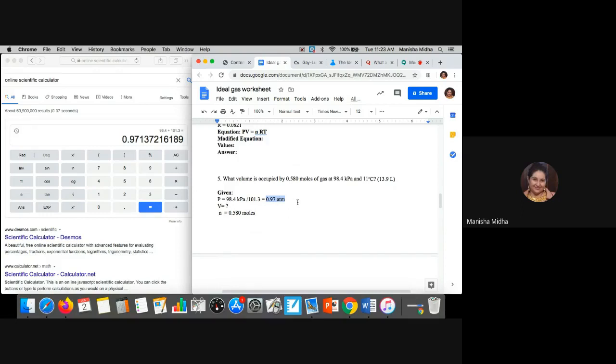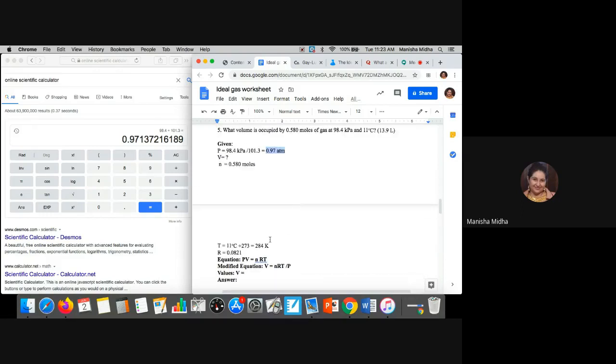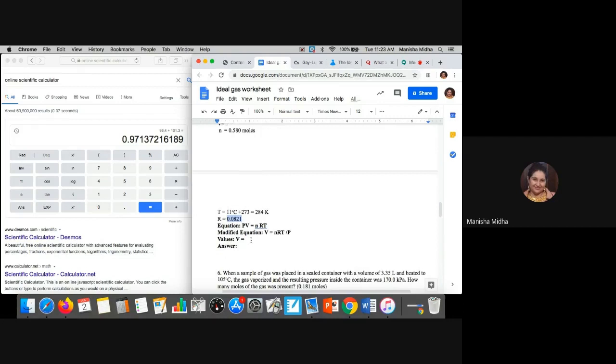Do not use any other units for pressure other than specified, because this constant R is dependent only on these units. If you do not use these units, then the R is not going to be 0.0821, it will change. So in order to keep our R as the same value, 0.0821, we are using the specific units for all the variables. So let's just plug in values.